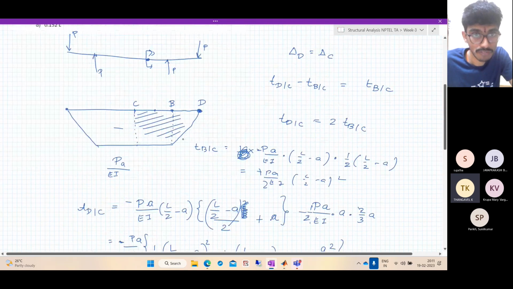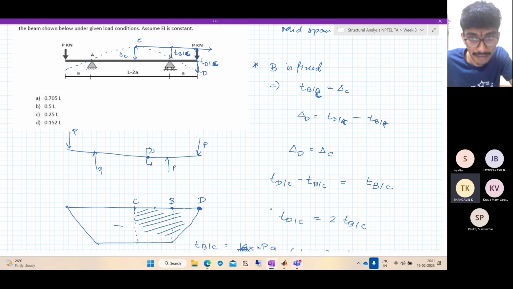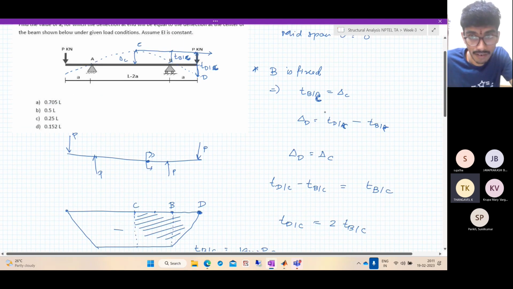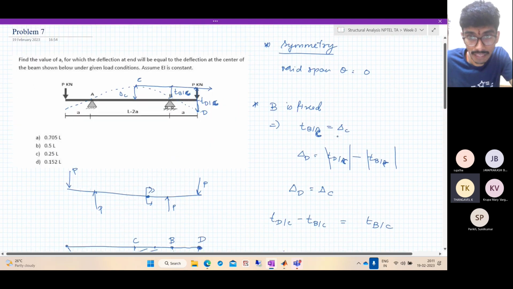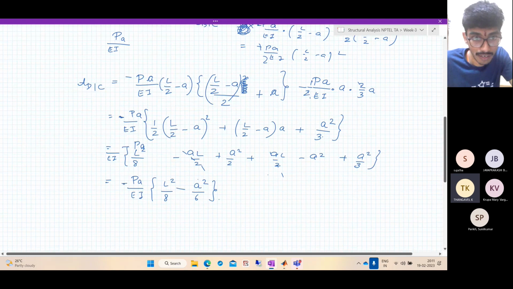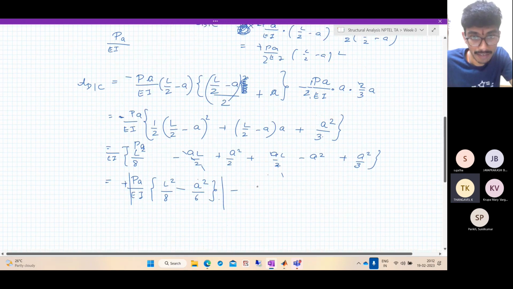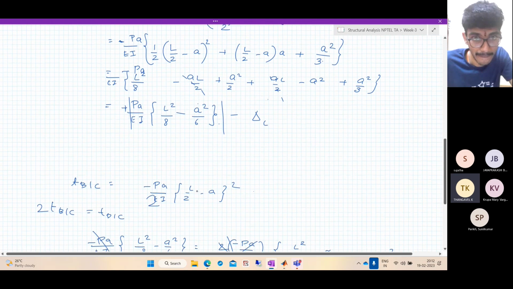And TD with respect to C also. And delta D is mod of this minus mod of this. So TD with respect to C is this. So this one minus delta C is equal to delta C. So that is fine.